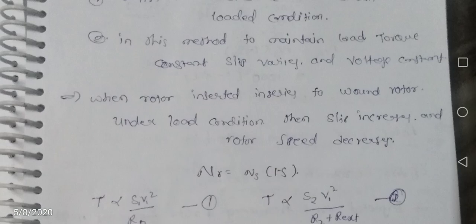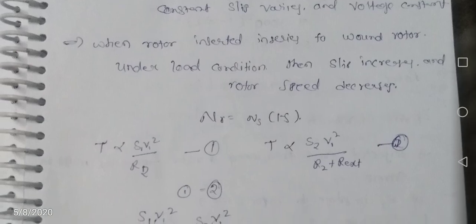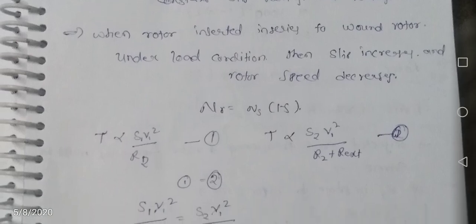Slip increases and rotor speed decreases. So NR equal to NS into (1 minus S).